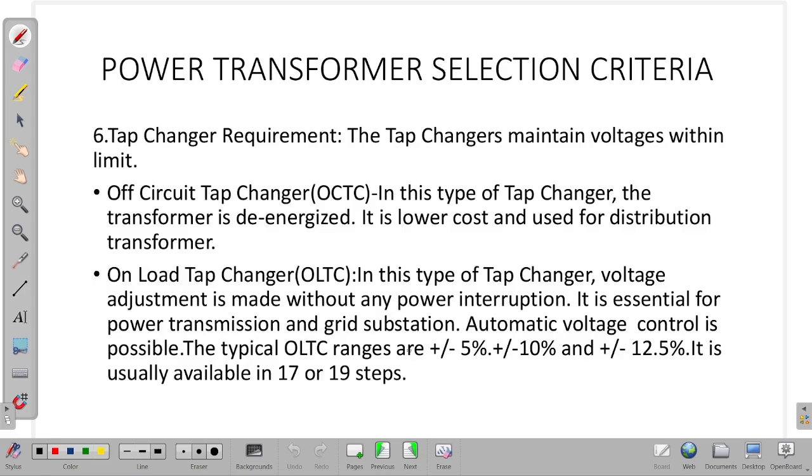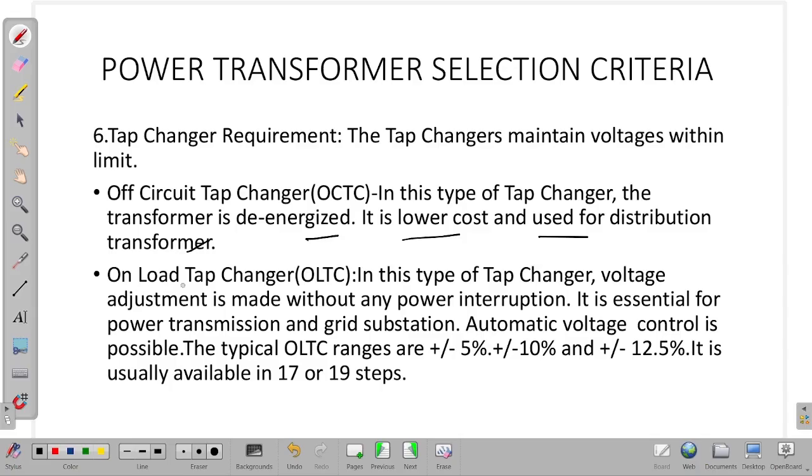The sixth factor is your tap changer requirement. It is also a criterion for selecting the power transformer or distribution transformer. The tap changers maintain the voltages within the limit. There are different tap changer types. Off-circuit tap changer, that is OCTC: in this type, the transformer is totally de-energized, and it is low cost and used in distribution transformers.